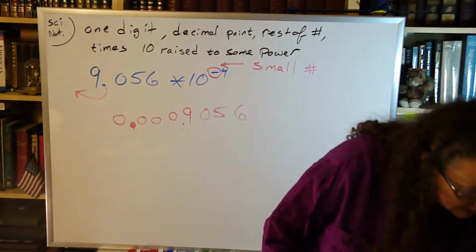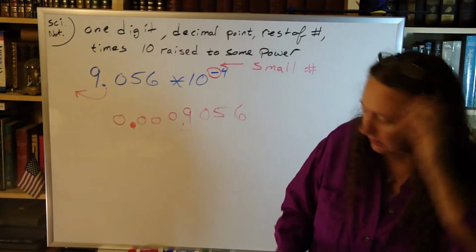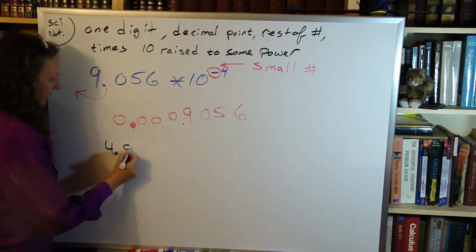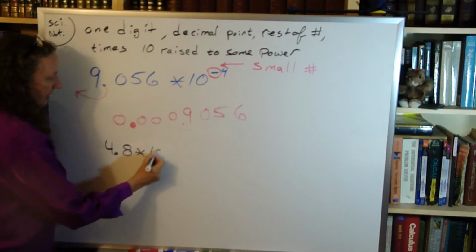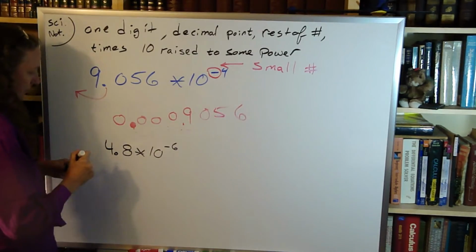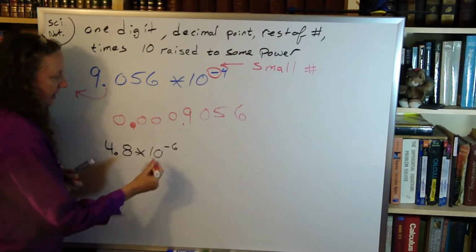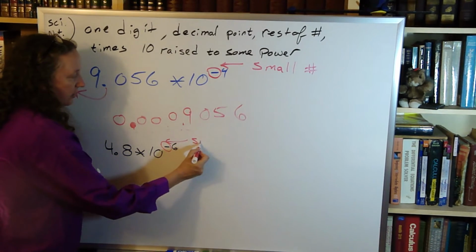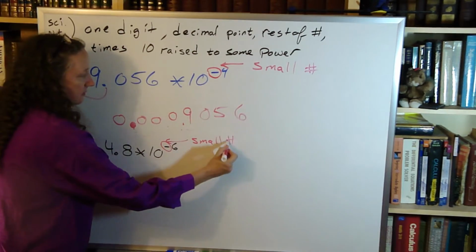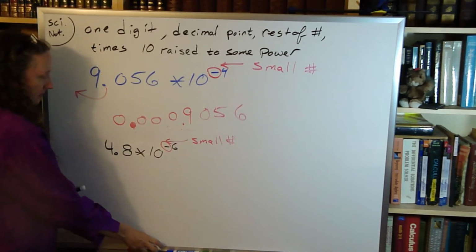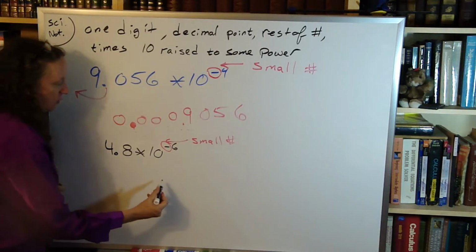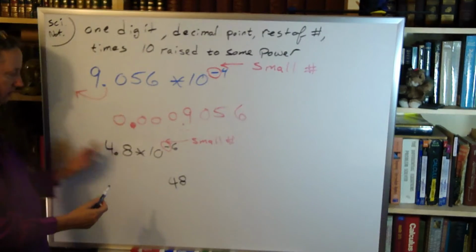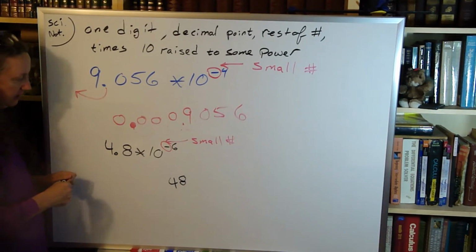Next problem. 4.8 times 10 to the negative 6. Again, I'm noticing the negative sign here, which tells me it's going to be a small number. So I'm going to write my 4.8 down over to the right so I have room to make my zeros and fill in over here.